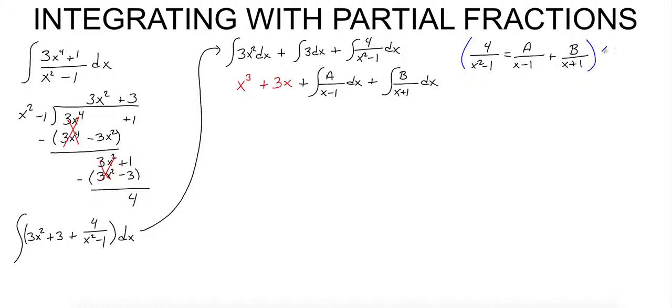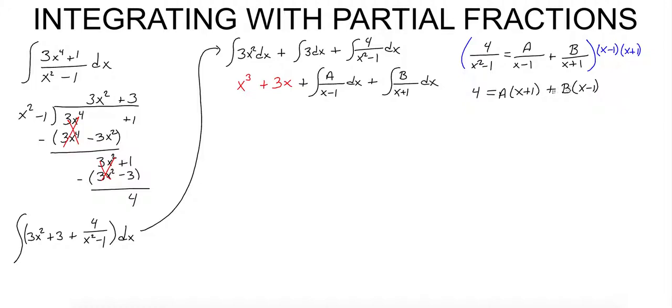The common factor here would be simply x minus 1 times x plus 1. And as we multiply that through, we're going to get 4 is equal to a times x plus 1 plus b times x minus 1.